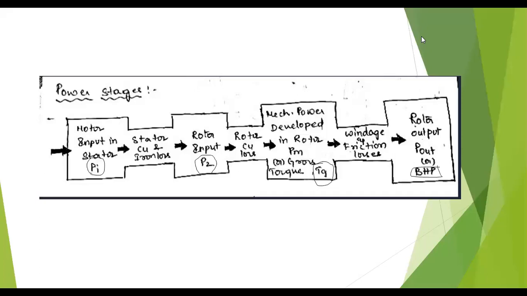So the total power given out by the rotor is called the rotor output, nothing but BHP, brake horsepower. So these are the final power stages.